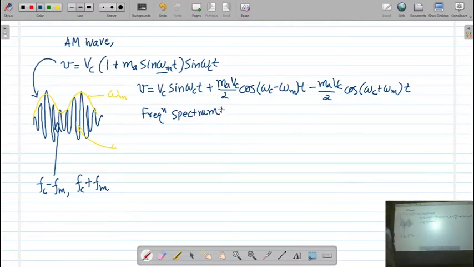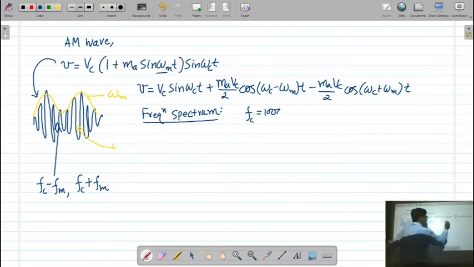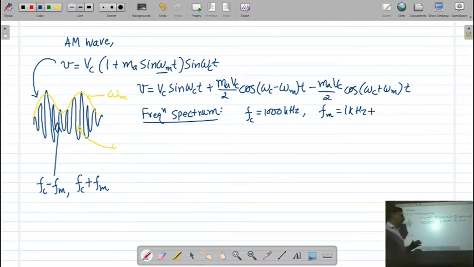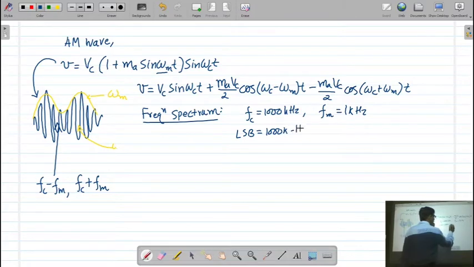Remember. So for this we consider one simple example. Let us say in this amplitude modulated wave my carrier frequency is 1000 kilohertz and my modulating frequency is 1 kilohertz. Means the frequency of the LSB will be 1000 K minus 1 K, that is 999 kilohertz.